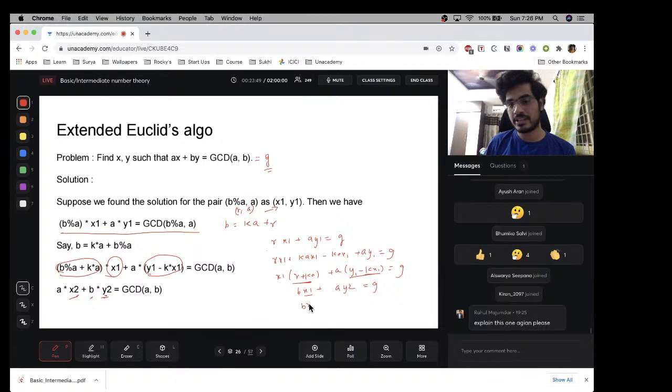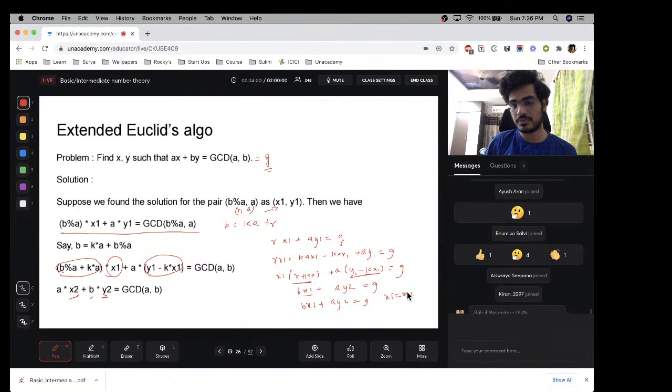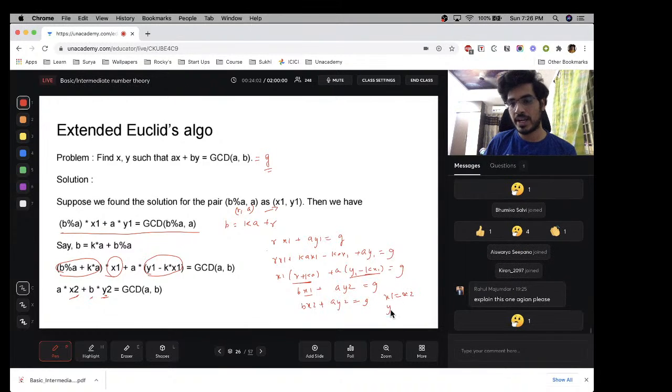Then this will be bx2 plus A y2 equals G, where x1 equals x2 and y2 equals y1 minus kx1.